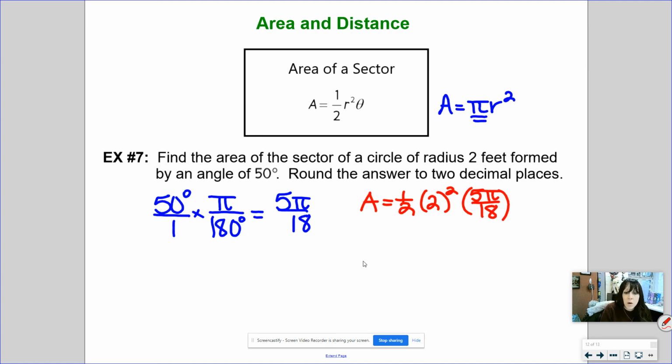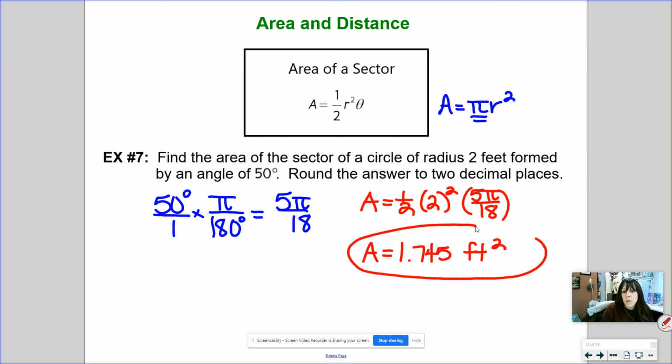And it's pretty straightforward. You're just multiplying that stuff. So half of 4 would be 2. Multiply this stuff. I'll go ahead and just put the decimal answer that I have, which is 1.745. Units would be feet squared because it's an area measurement.